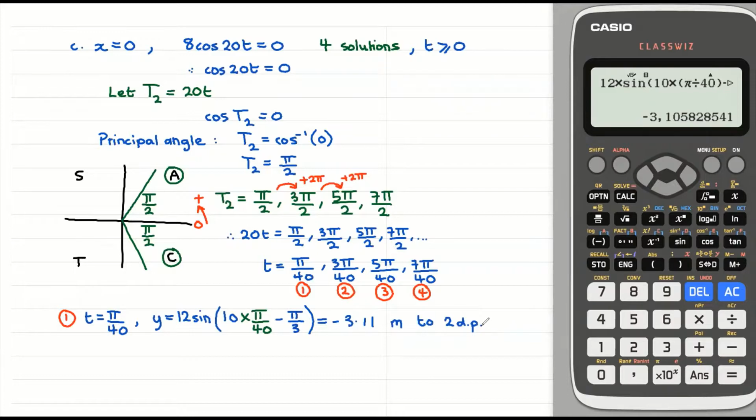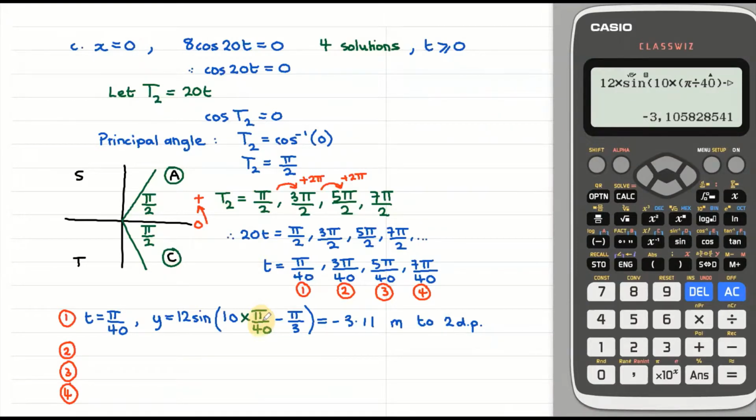Now, obviously that's a lot of working out. So just to skip this a little bit, and you can write it out in full if you wish. So solutions number 2, 3, and 4. Obviously we're plugging in exactly the same stuff. The only thing that we're changing is the value here. So we've done pi over 40.